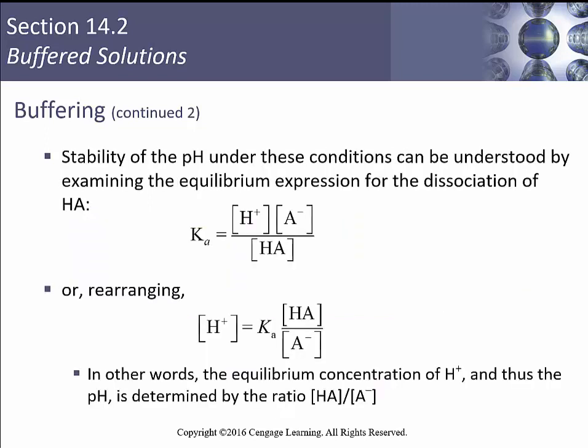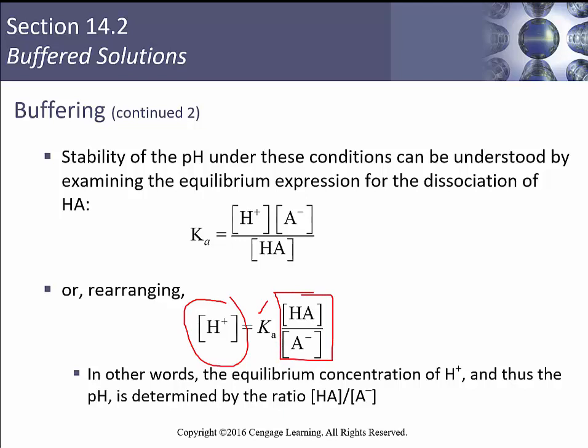The stability of pH under these conditions can be understood by examining the equilibrium expression for the dissociation of HA. So our Ka is going to be H plus times A minus over HA, or we can rearrange this to get H plus is equal to Ka times the ratio of HA over A minus.